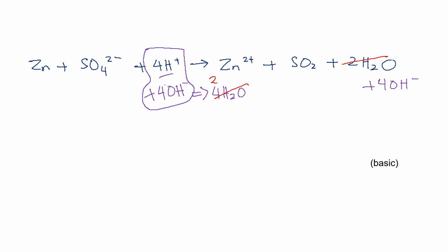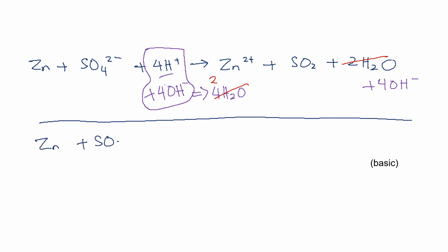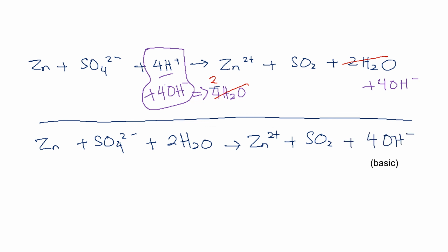So the final equation is Zn plus SO4 2- plus 2H2O produces Zn 2+ plus SO2 plus 4OH-. Okay, so this is the final answer for this question.